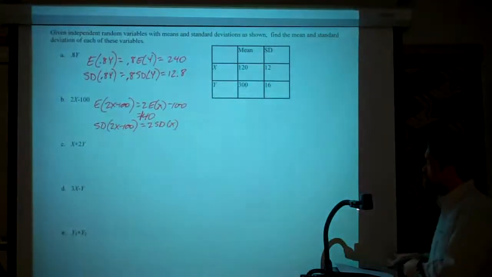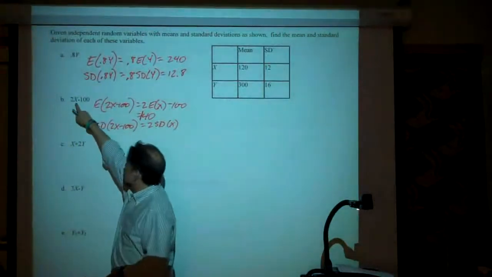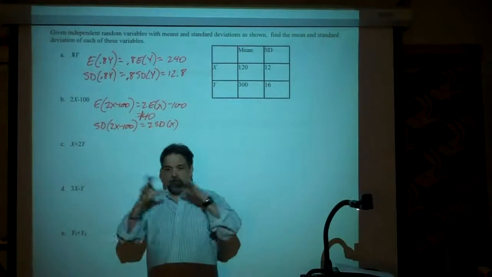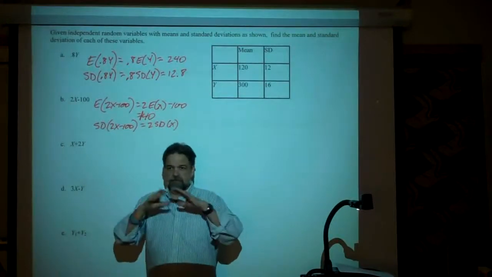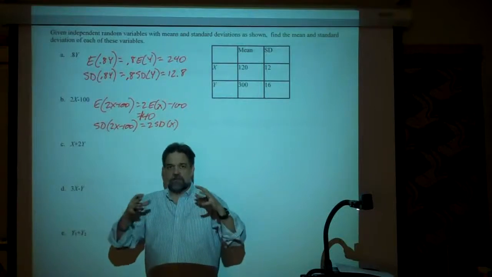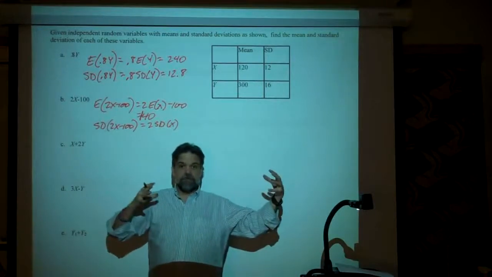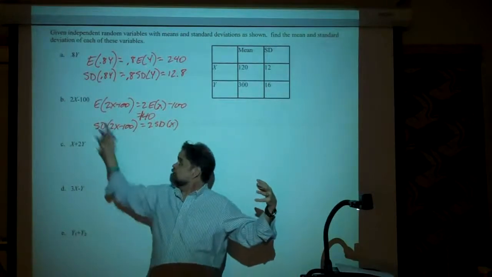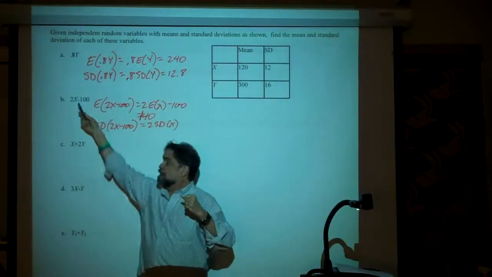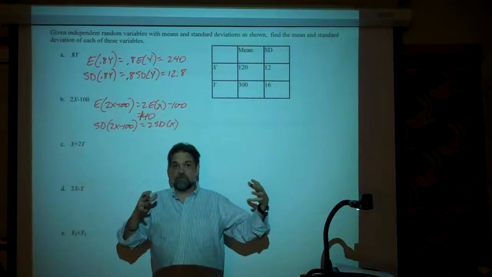So let's talk about this just for a second. We have 2 times x minus 100. X is a random variable. Think of it as there's a PDF, a data set that corresponds to this random variable. So what you do is you multiply everything by 2, so it gets bigger. Then you subtract 100, so it shifts down this way. When it got bigger, it got more spread out as well, twice as spread out as before.